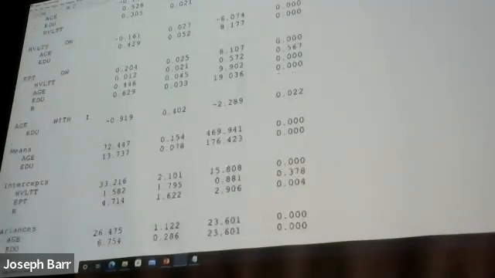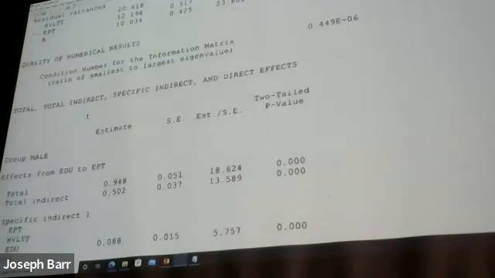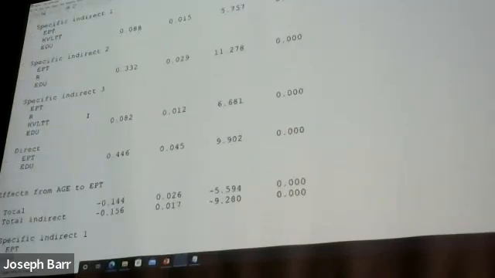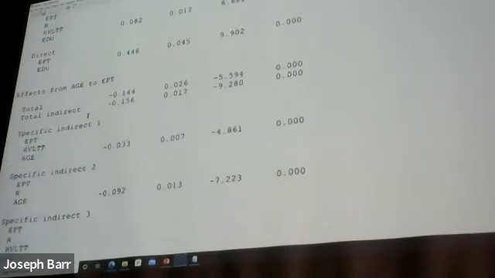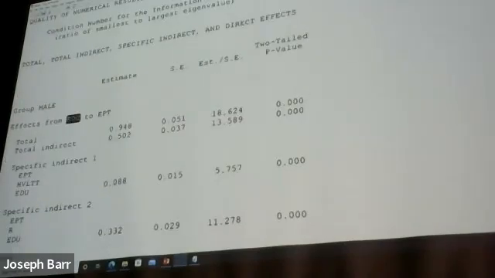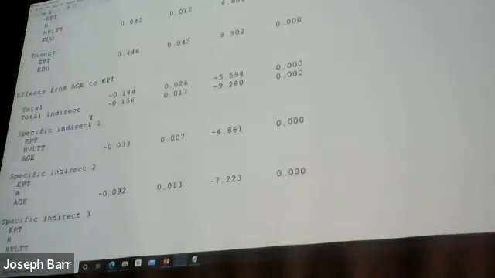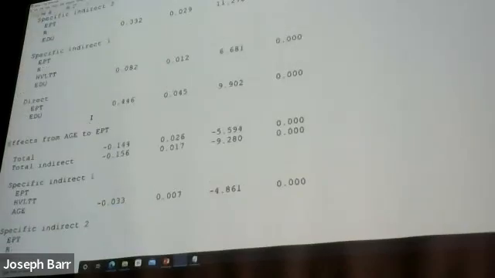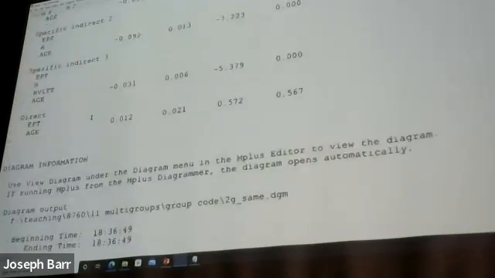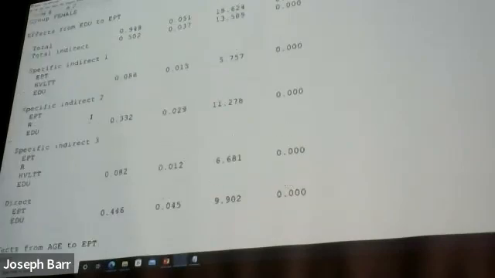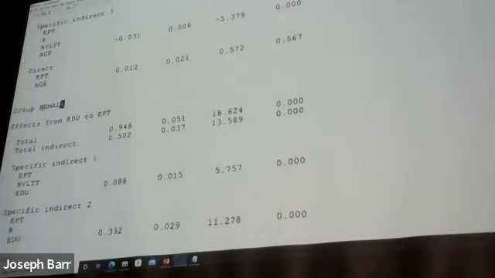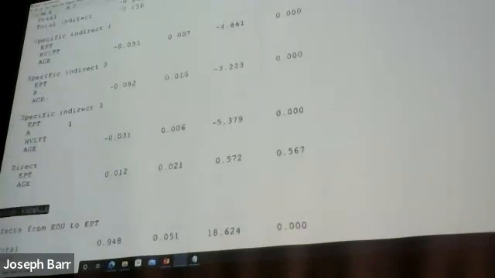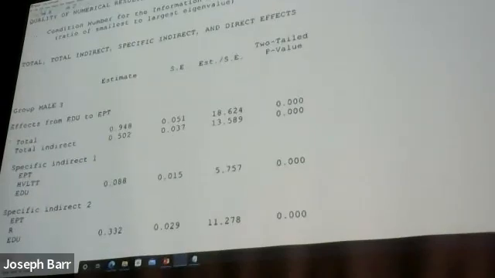And the mediation effects are reported here. Okay? For group part and for EDU part. And they also give you 2 plots, group male and group female.